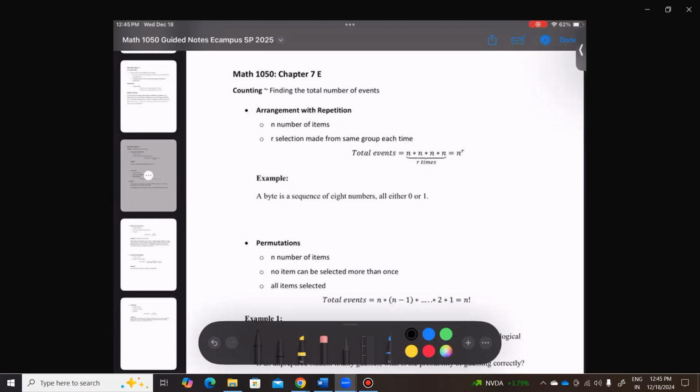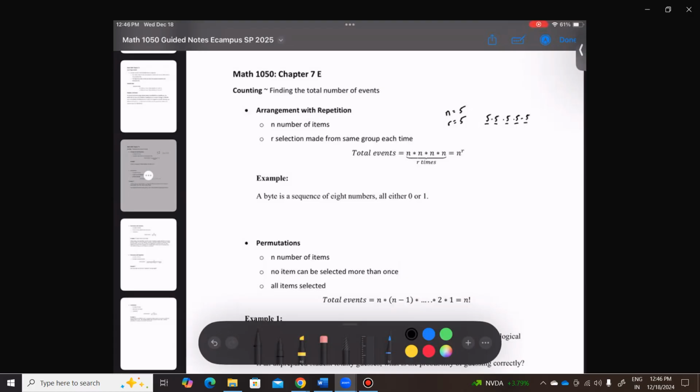Right, so when we are selecting, we multiply our number of possibilities for each trial. So if we are selecting 5 times, and we have 5 numbers, so N equals 5 and R is 5, and we allow repetition, then each selection is going to be allowed 5 times.